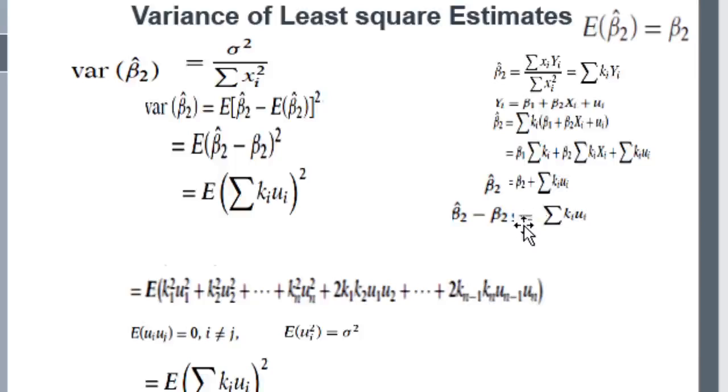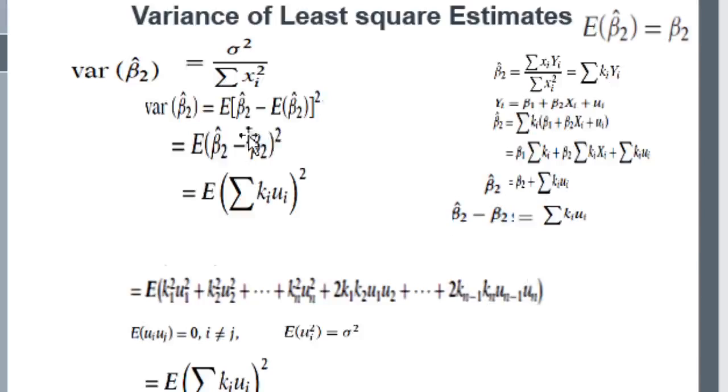From this we can derive an equation, that is beta 2 cap equals beta 2 plus sigma ki ui, then beta 2 cap minus beta 2 equals sigma ki ui. That is, here we derived beta 2 cap equals beta 2 plus sigma ki ui. Then take this beta 2 to the left hand side, then we will get beta 2 cap minus beta 2 equals sigma ki ui.